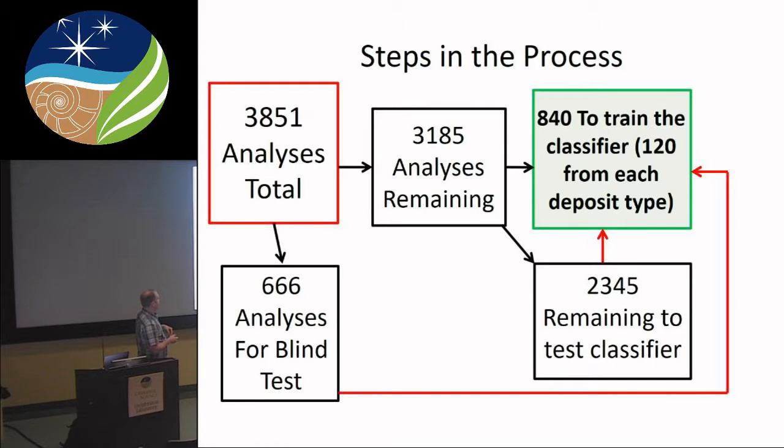Once we had our training data set, we used that to train the classifier and then used the remaining data to test and refine the classifier. Then once we had our suite of elements for the classifier selected, we put back in the blind test data to see how well it worked, like in what would be a real unknown situation.